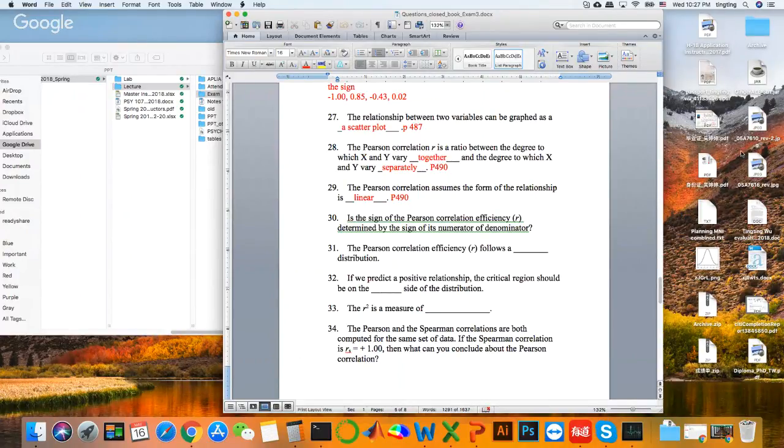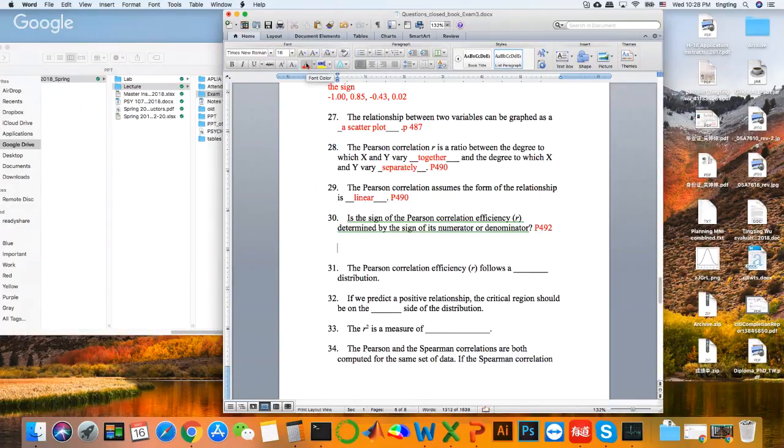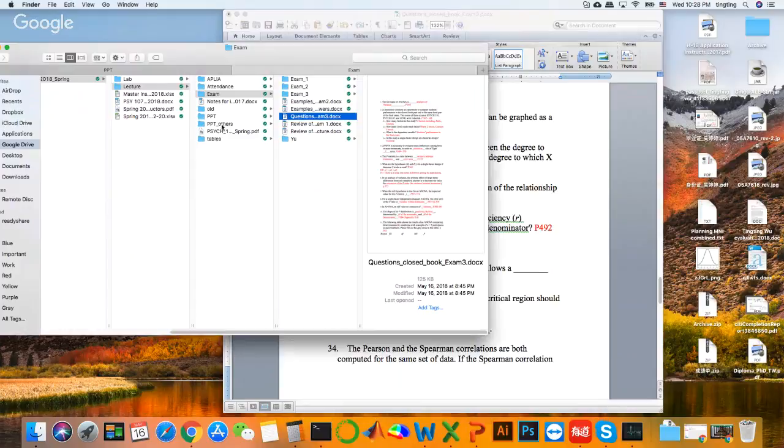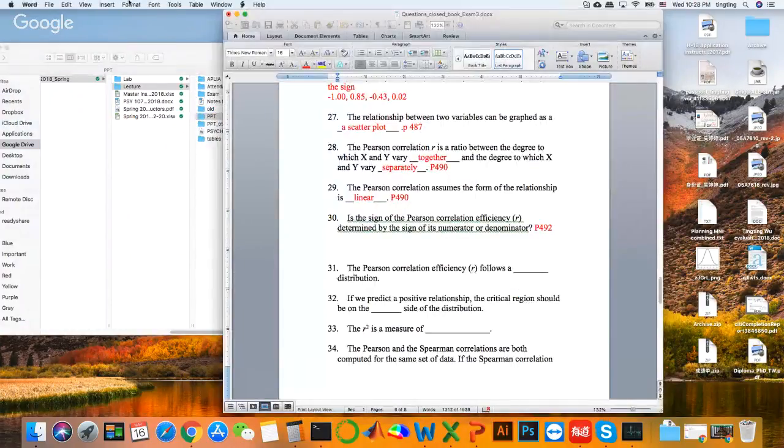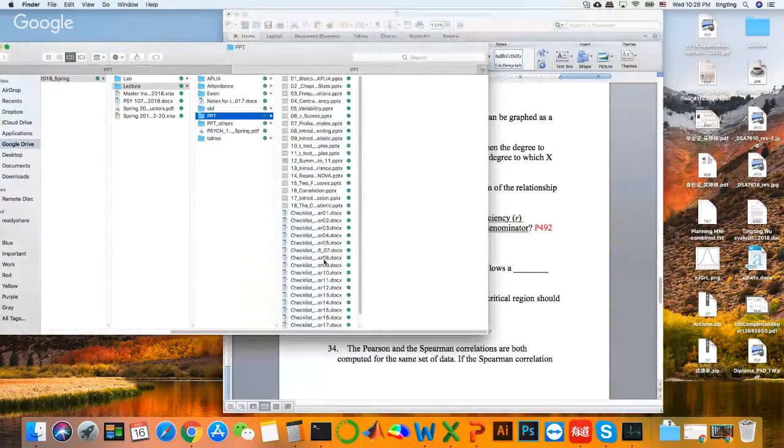So here, question 30. Is the sign of the Pearson coefficient R determined by the sign of its numerator or denominator, right? So you can find the answer at page 492, which is the Pearson R formula. Let me see the formula here.